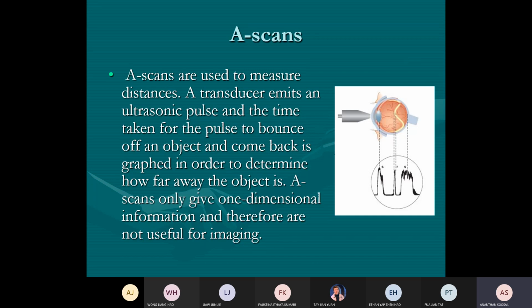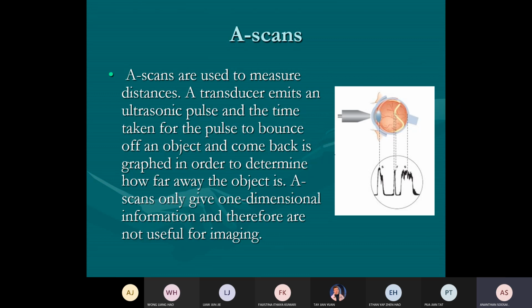But it can't show the shape, so it is not useful for imaging. One D is fine for telling how deep the layer is. So from A scan, a one-dimensional image, you only get to know the depth of the boundary.